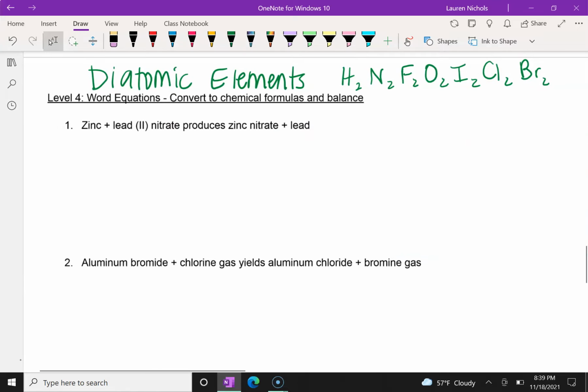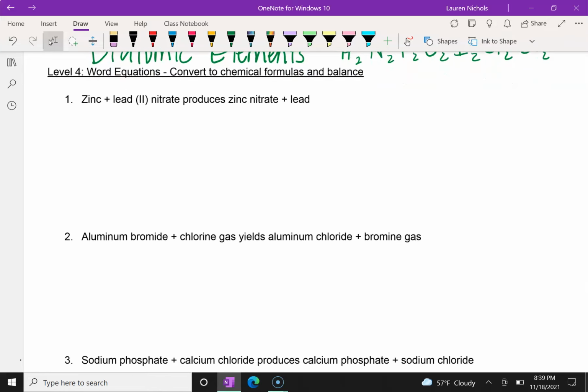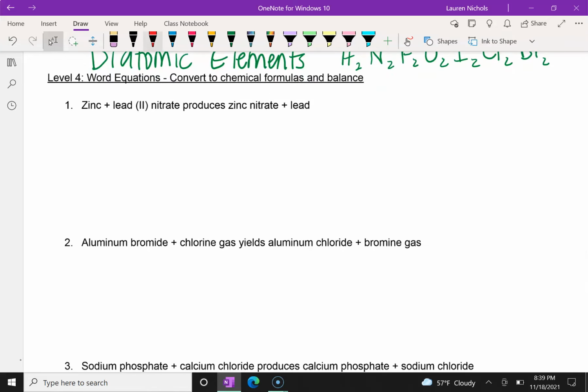And the reason why is because if you look at number 2, in order to do this, we're going to have to write our formulas first. So aluminum bromide has aluminum, which is a metal, so this is ionic, okay? And if you don't remember how to write formulas, I suggest going back into the Unit 4 section. But it's ionic, and so we know we're going to have charges.